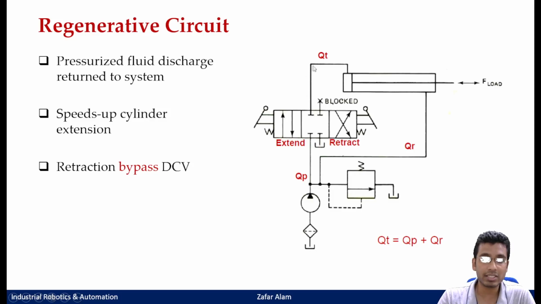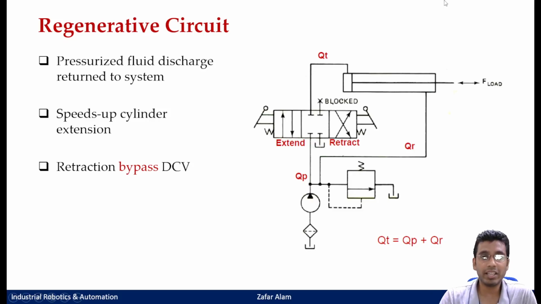Your cylinder is extending, and what is the speed at which it will extend? I told you in my previous class, what element would actually control your speed? It is your volume flow rate, right? And volume flow rate would actually depend upon what? Area into velocity.